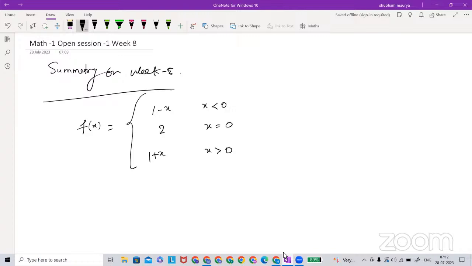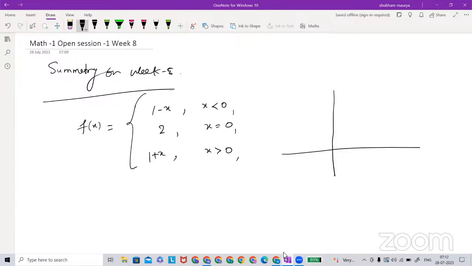Are you getting what this function is? It is a piecewise function. Like on a number line, x less than 0 means all the negatives, x equal to 0 means the point, and x greater than 0 means all the positives. So how would the graph of this function be?